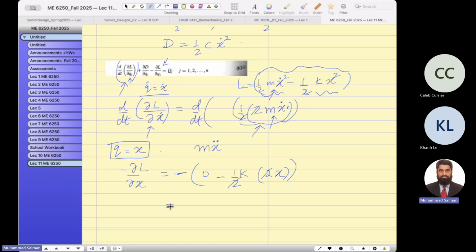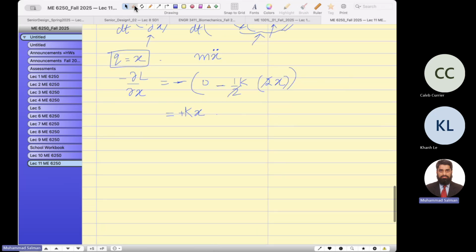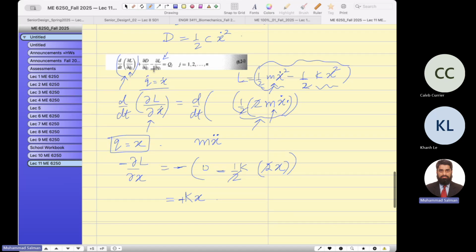So I'm going to write down kx, positive kx. If you don't want to write down positive, don't confuse yourself. Let's keep it positive because this negative is making this negative positive. So now we are left with this term.